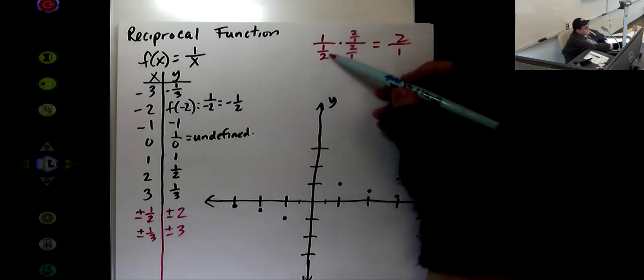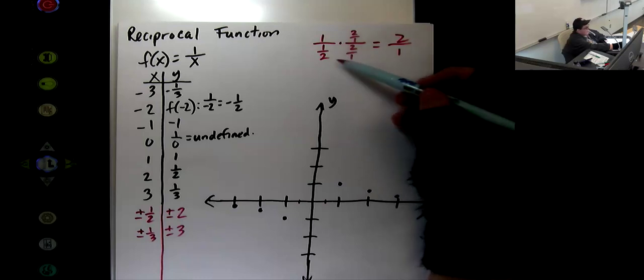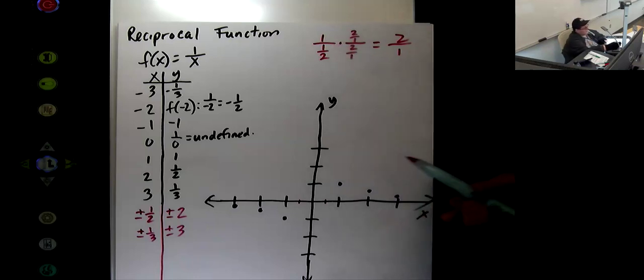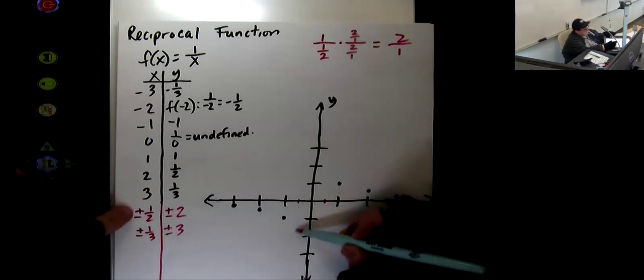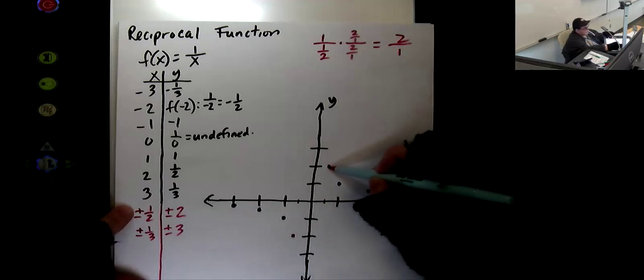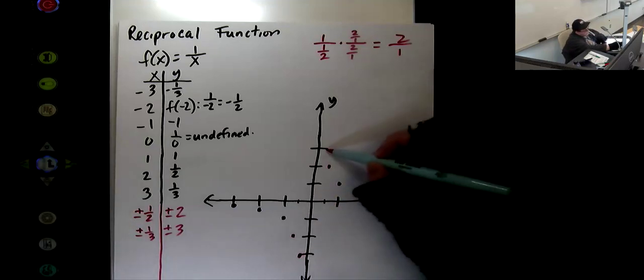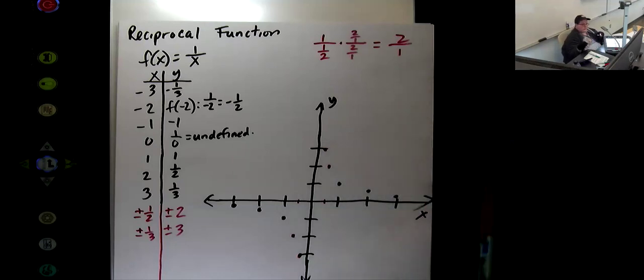If there's no 0, the only time you would do this mathematically is with a rational equation. But actually doing a calculation, yes, it's literally just flip it over. That's what I was taught. So plus or minus 1/2 gives me plus or minus 2, and plus or minus 1/3 is plus or minus 3.